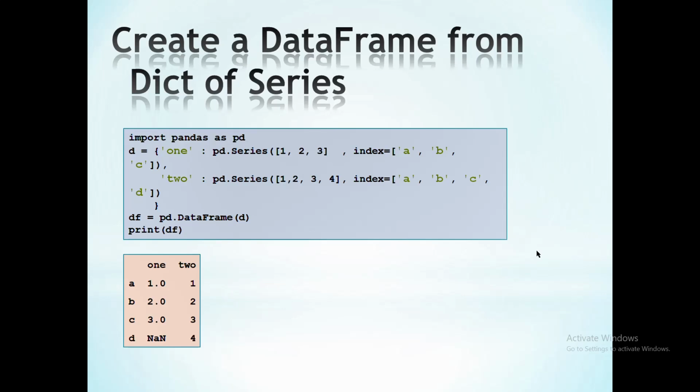Here I have a series with the values 1, 2, 3 and the index A, B, C. This is the first element of the dictionary, and it is a series. The second one is another series with the values 1, 2, 3, 4 and the index A, B, C, D. I am converting this dictionary of series into a data frame, which is also possible. Here the index is A, B, C, D, and the column names are 1 and 2. The column 1 has the values 1, 2, 3, and the column 2 has the values 1, 2, 3, 4. Since column 1 does not have a D value, I get the output NaN, not a number.